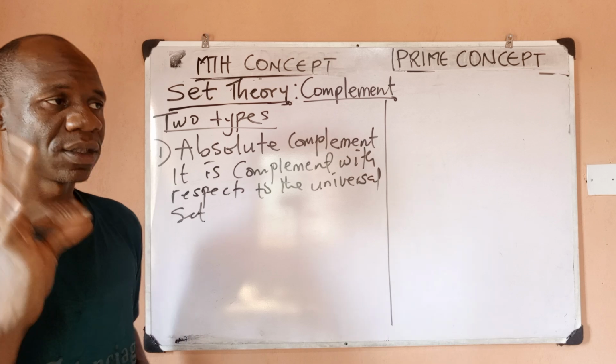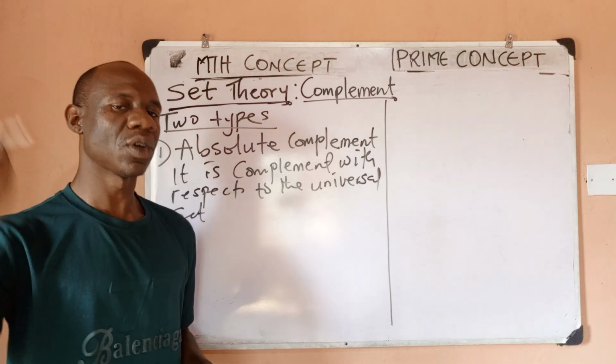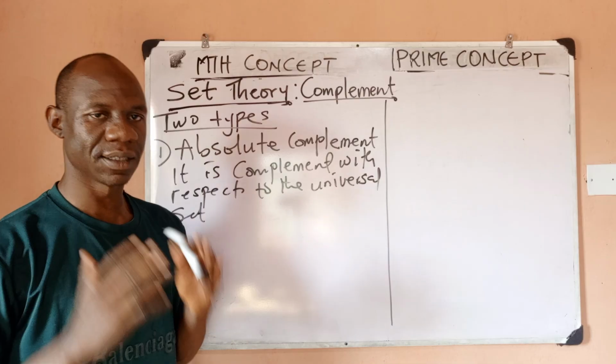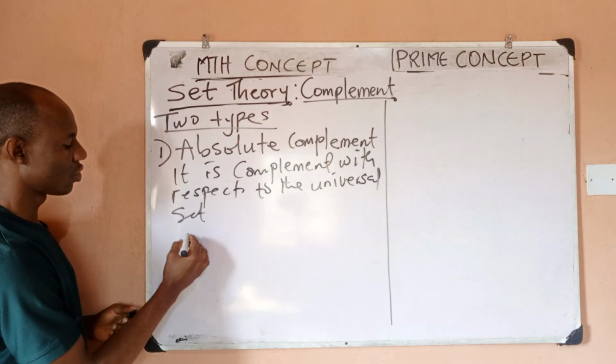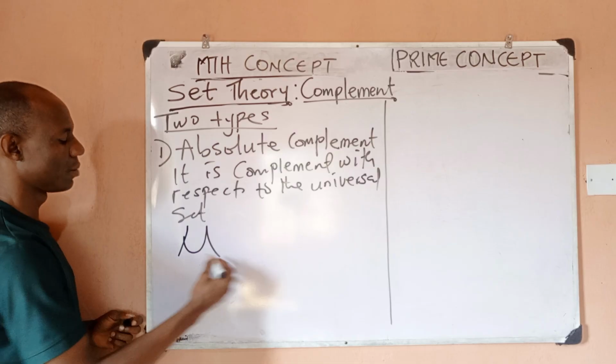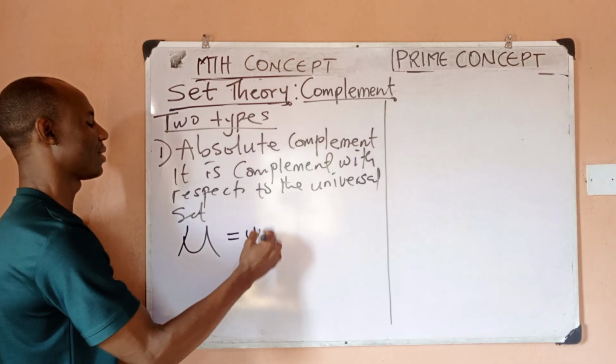The set that contains all elements that can be found or not even found in other sets is known as the universal set. The universal set is usually denoted with this symbol.